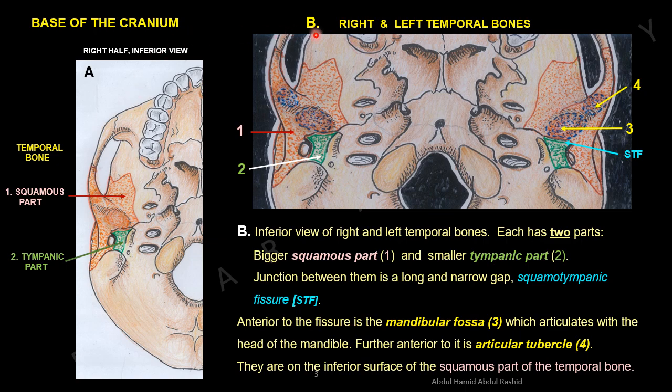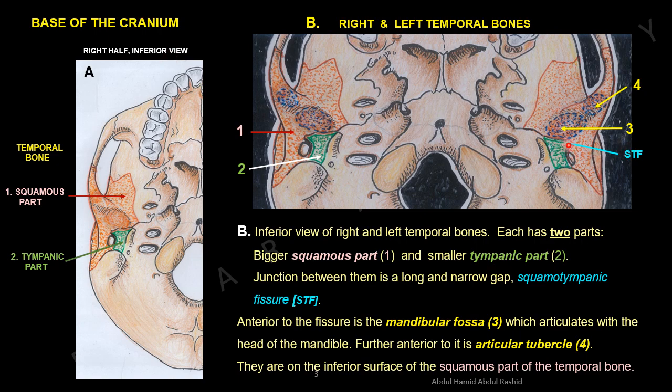In diagram B, you see the same things but in bigger size. The red part is the squamous part of the temporal bone, on both sides, and the green one is called the tympanic part of the temporal bone. Between the squamous part and tympanic part, there is a long, narrow fissure called the squamotympanic fissure.